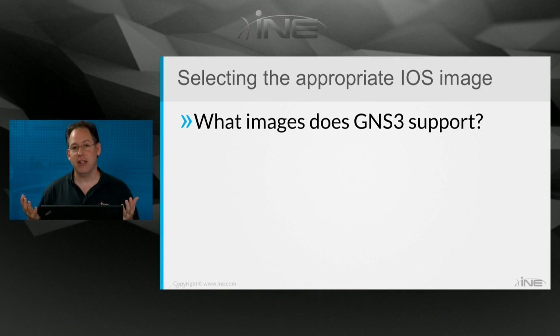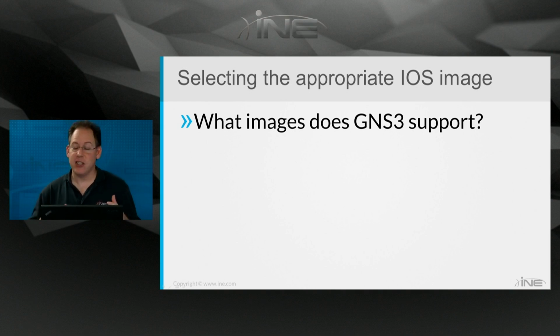That's exactly what it does. It creates these virtual routers running real software. But because of that, if you know anything about Cisco, you know that Cisco has hundreds and hundreds of makes and models of routers and switches, and there's no way that GNS3 could emulate all of them. So for that reason, GNS3 only emulates or simulates certain router platforms.